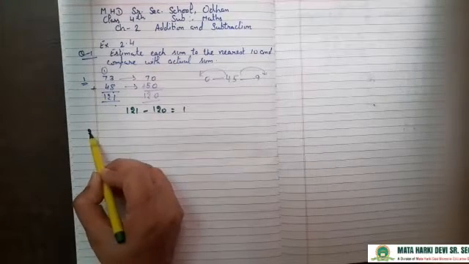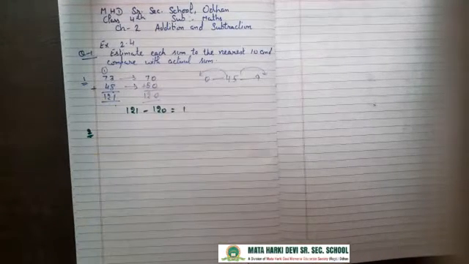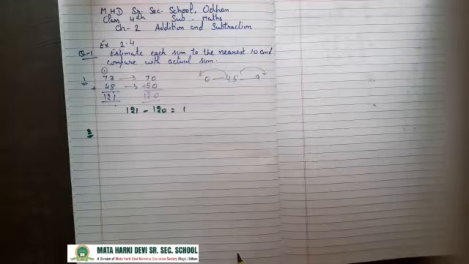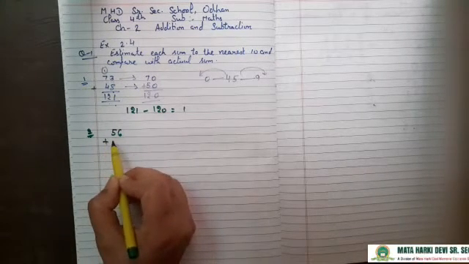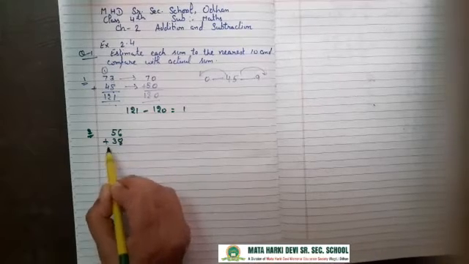And for example, we will take another sum, 56 and 38. 56 plus 38.